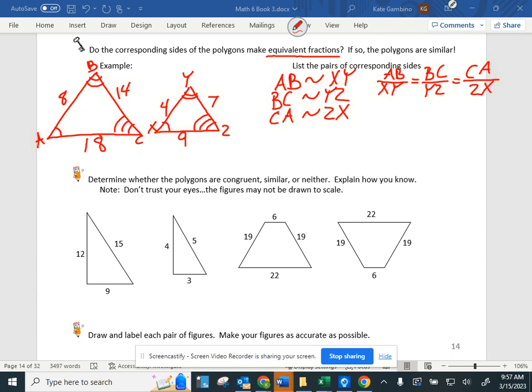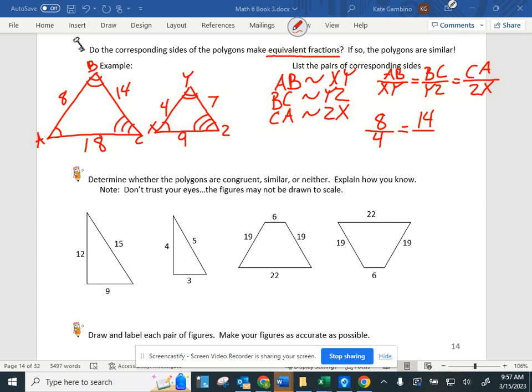To do that, I'm going to take their side measurements and fill it in for that segment. Where it says AB, what number am I going to put as my numerator? 8. And that goes over, what's XY? 4.